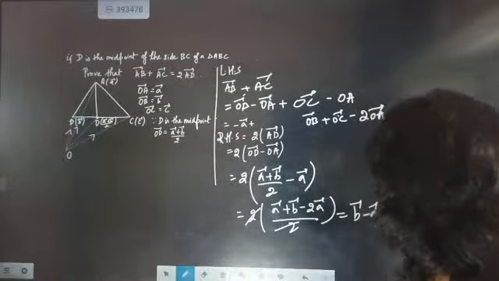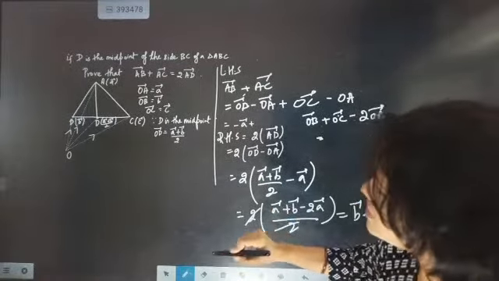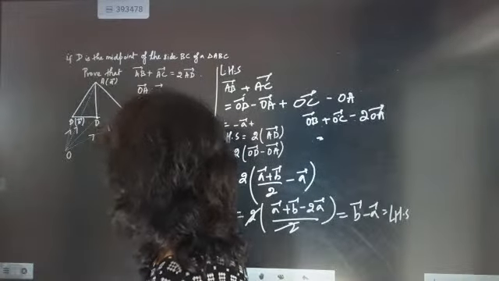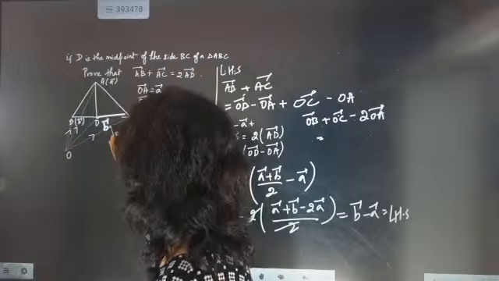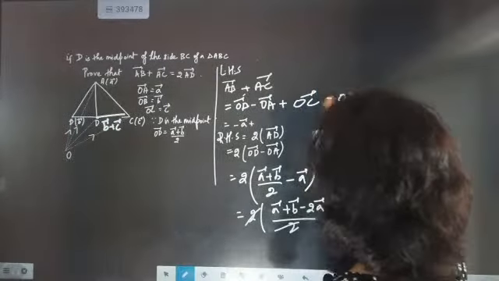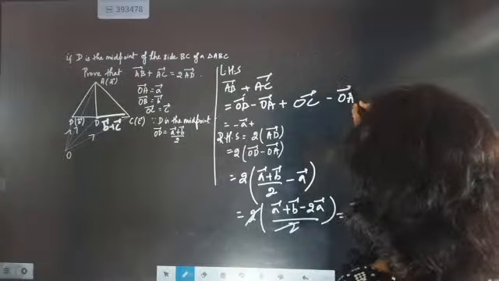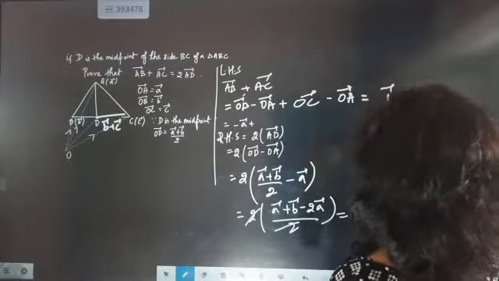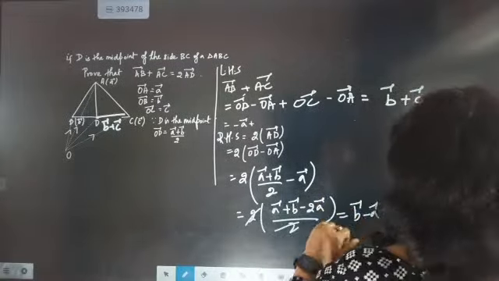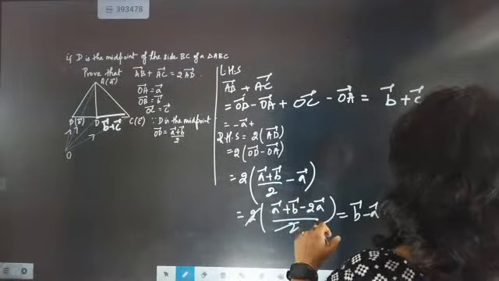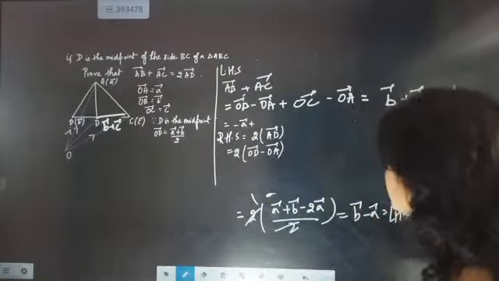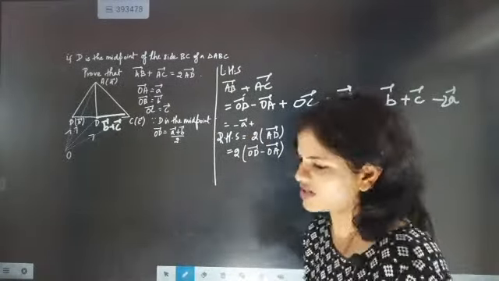The answer did come here only. It is coming as B vector plus C vector minus 2A vector. It is B vector plus C vector; I wrote there A vector plus B vector.